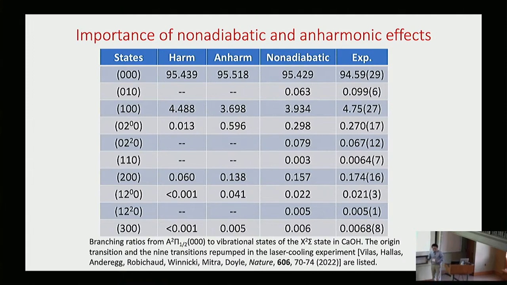So this is the general motivation that one has to take these effects into account for a calculation that is sensitive enough to facilitate laser cooling experiments. But I would like to say that the harmonic approximation or one-state calculations are very valuable in providing important information for the diagonality of the Franck-Condon factors.